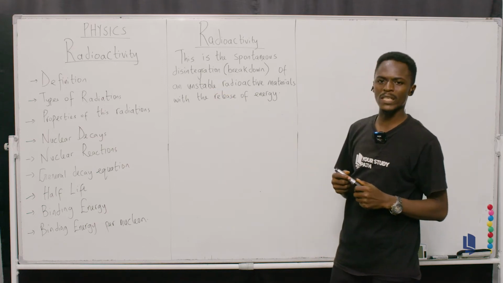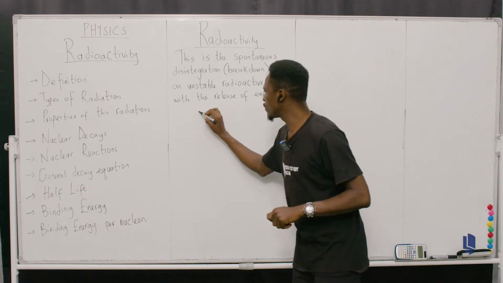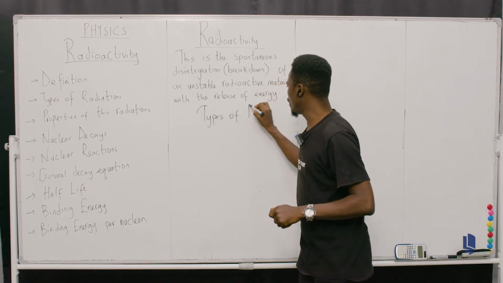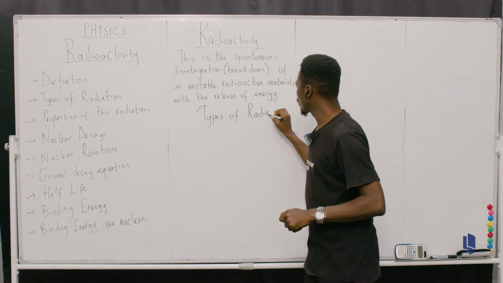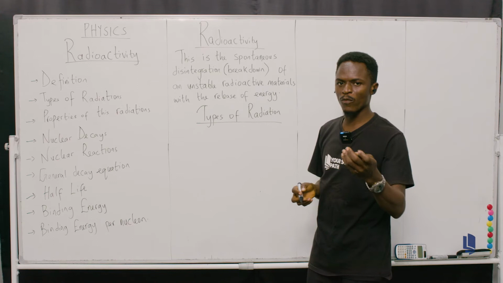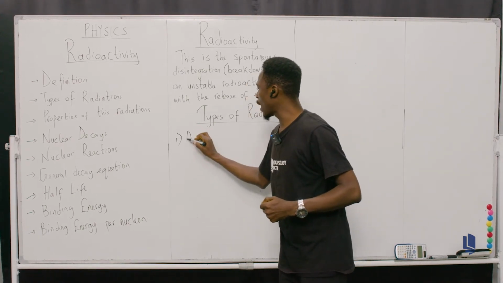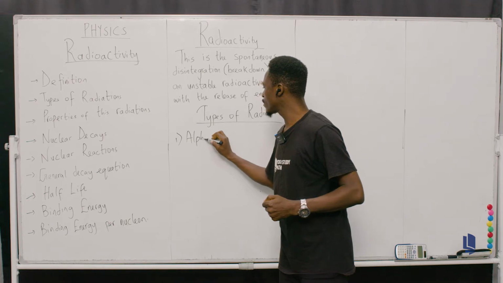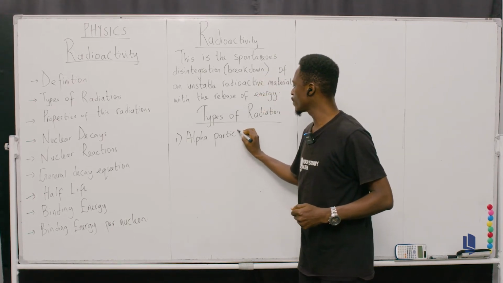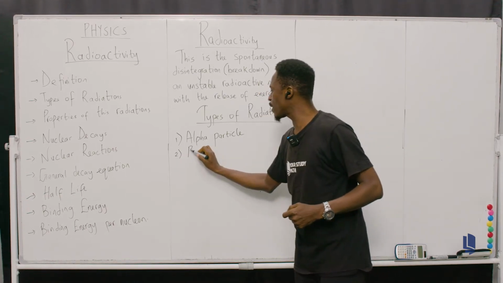Let's dive into the types of radiations that you can have under radioactivity. Types of radiation. There are three of them, which some of us are familiar with already. The first being alpha particle. The second being beta particle.